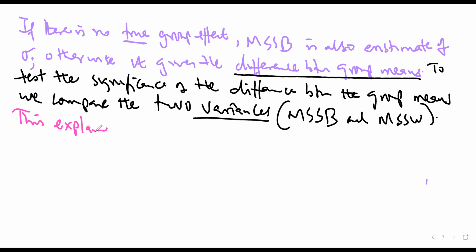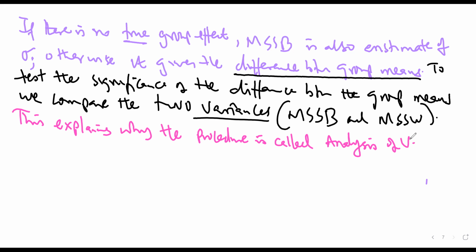So this explains why the procedure is called the analysis of variance. We are calling it analysis of variance, but in the actual sense, we are comparing group means and testing for their significance.